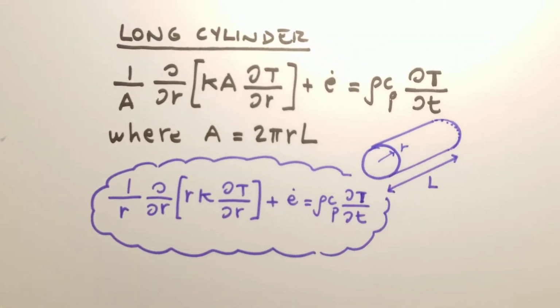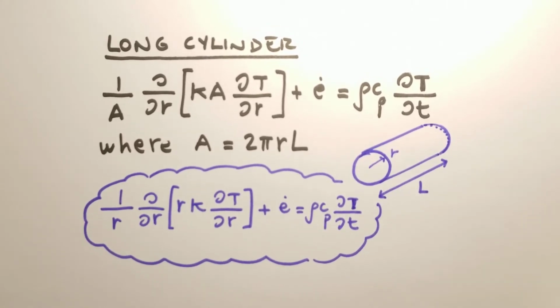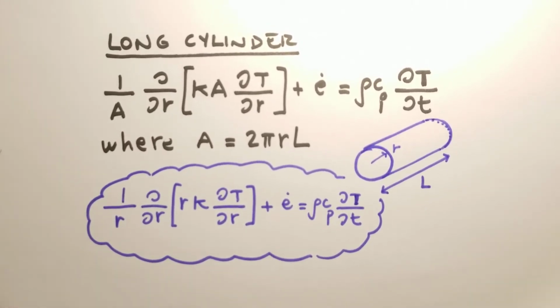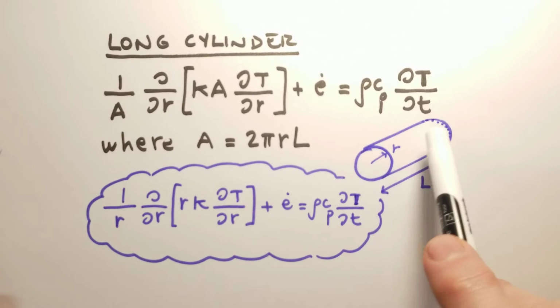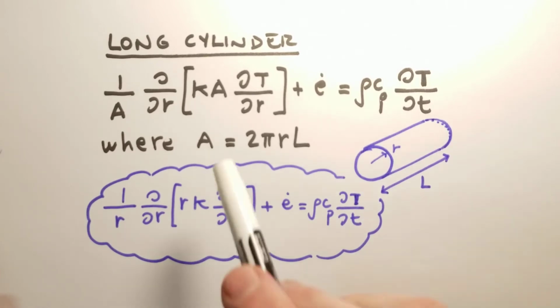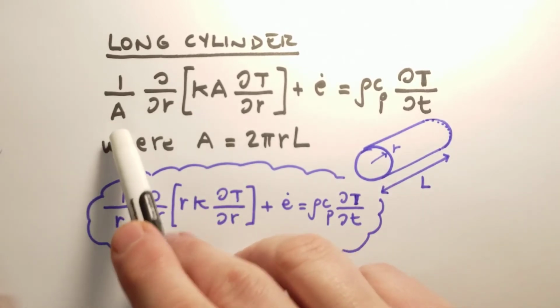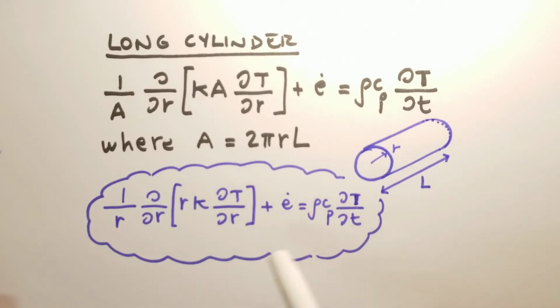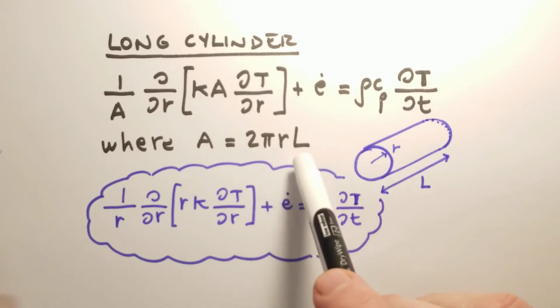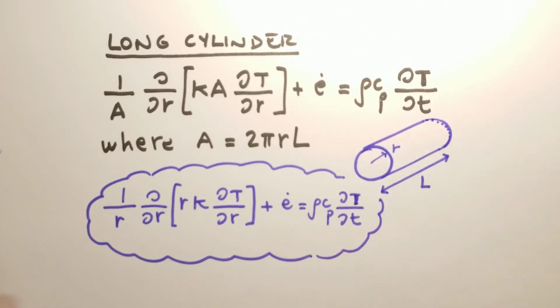So this case was for a Cartesian geometry, but what instead if we have a long cylinder? We can do exactly the same analysis and we find a similar equation, but now we observe we cannot simplify the area, because the surface area of a long cylinder is 2 pi r times L. Well, L is the length of the cylinder and r is the radius.